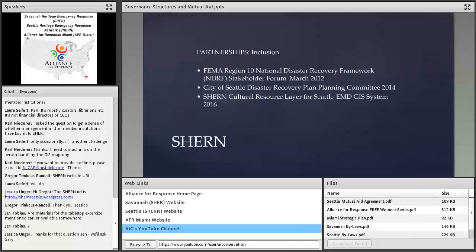And currently we're working on a SHRN cultural resource layer for the Seattle Emergency Management Division's GIS system, identifying storage areas where cultural resources are located, and some information about these storage facility areas that would be useful to the emergency managers during a disaster recovery.